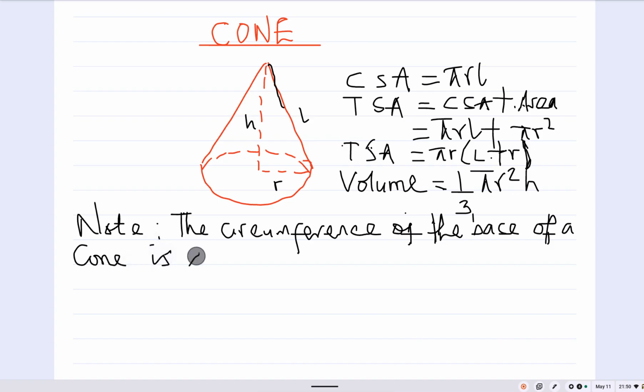is equal to the length of arc of a sector.